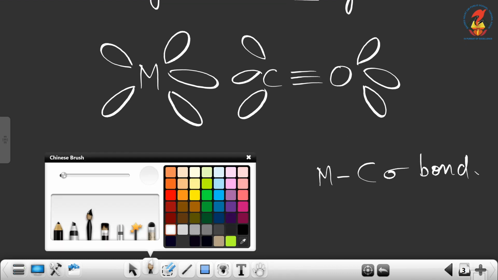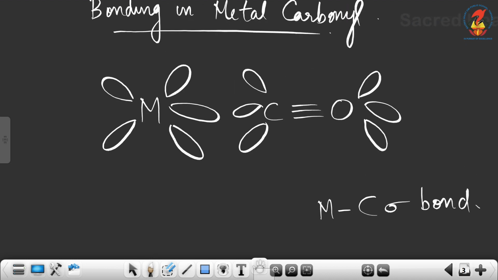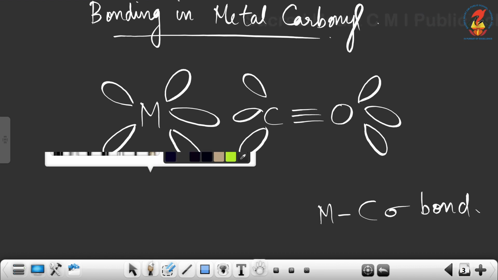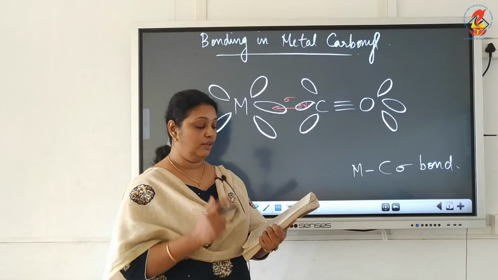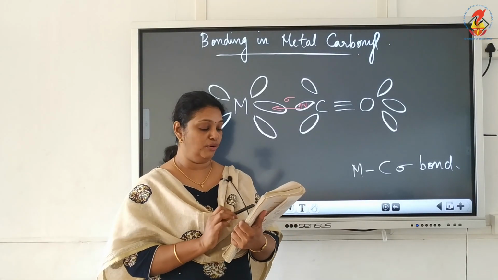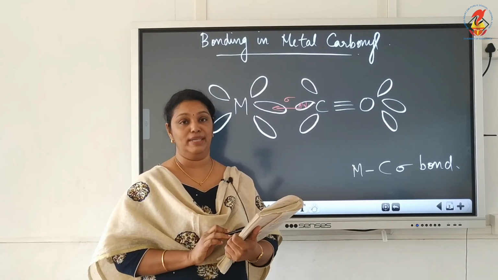It is formed by the donation of a lone pair of electrons. Here, in this orbital of carbon, you can see the lone pair of electrons, and this is donated to the vacant d orbital of the metal, and this results in the formation of a sigma bond. So, the M-C sigma bond is formed by the donation of a lone pair of electrons on the carbonyl carbon into a vacant d orbital of the metal.